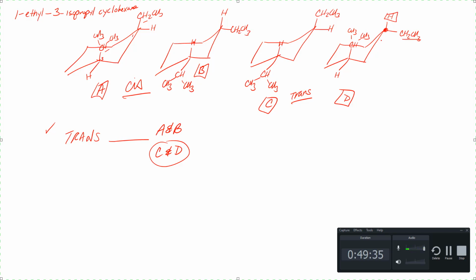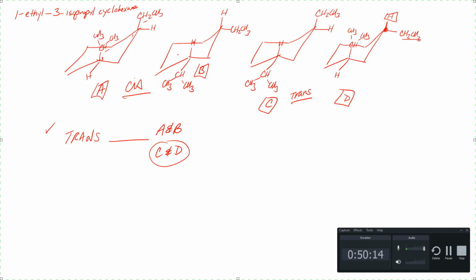Is it above or below the plane of the ring? 99.9% of the time people will look at the axial position and go, definitely above. Well, if the hydrogen is definitely above, that makes the ethyl group definitely below. So use the axial positions if you're not quite sure of the equatorial positions, because each carbon must have one axial, one equatorial, but it also must have one above and one below.